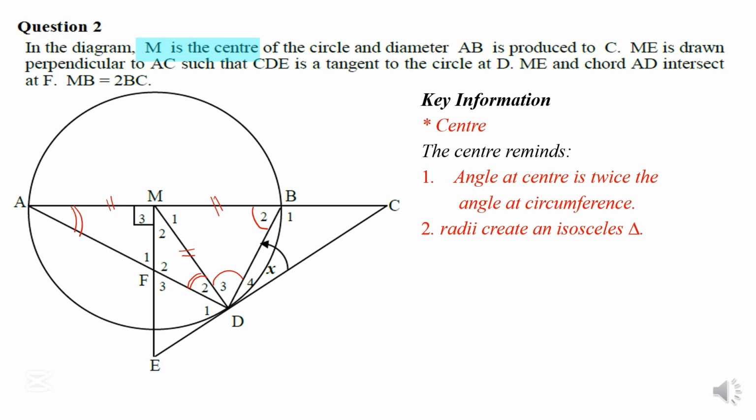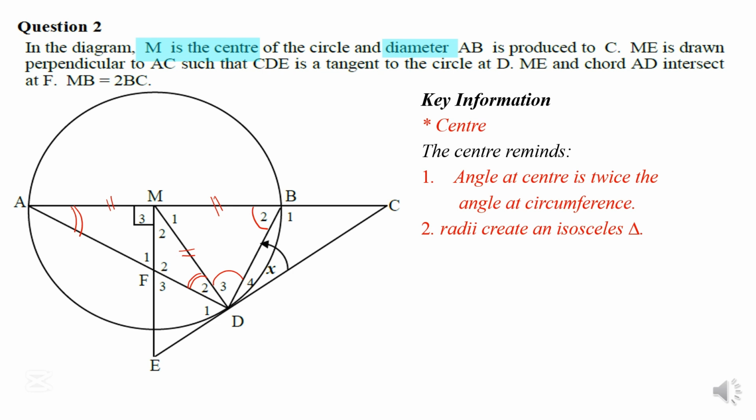Just that example has come from one word, the center of the circle. So I must look for keywords, and one keyword is the center. It is connected to so many theorems or ideas that we can use to answer the question.